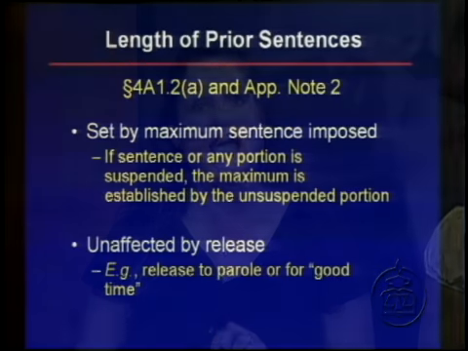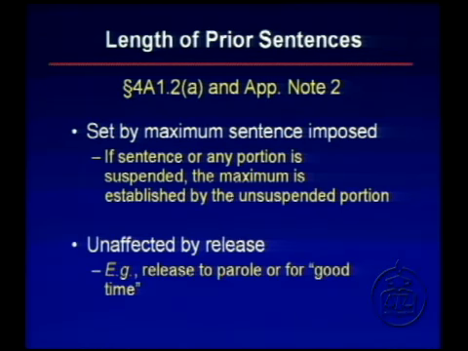Now, having said that, the first issue the court must face in the calculation of the criminal history score is the determination of the length of a prior sentence. The length of a prior sentence is the basis for the number of points that will be assigned to a particular prior sentence under 4A1.1. According to 4A1.2 and Application Note 2, the length of a prior sentence is set by the maximum sentence imposed.